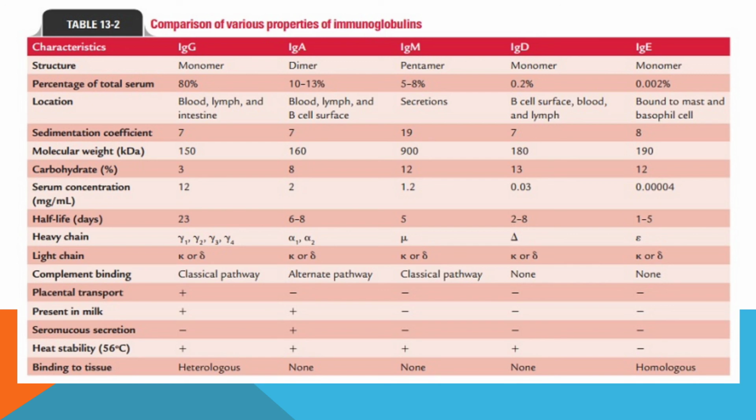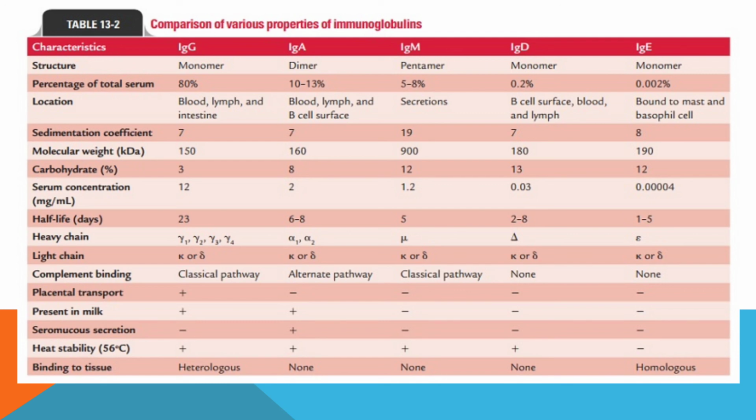Coming to the sedimentation coefficient, IgG has a sedimentation coefficient of 7S, IgA has 7S, and IgD also has 7S. IgM has 19S, and IgE has 8S. Coming to the carbohydrate percentage, it is 3% in IgG, 8% in IgA, 12% in IgM, 13% in IgD, and 12% in IgE.